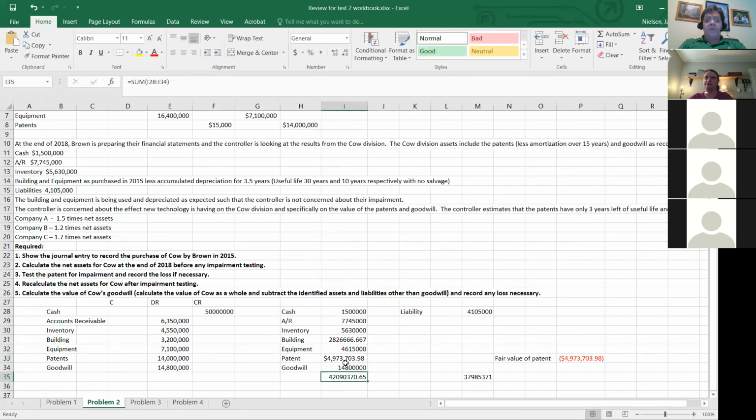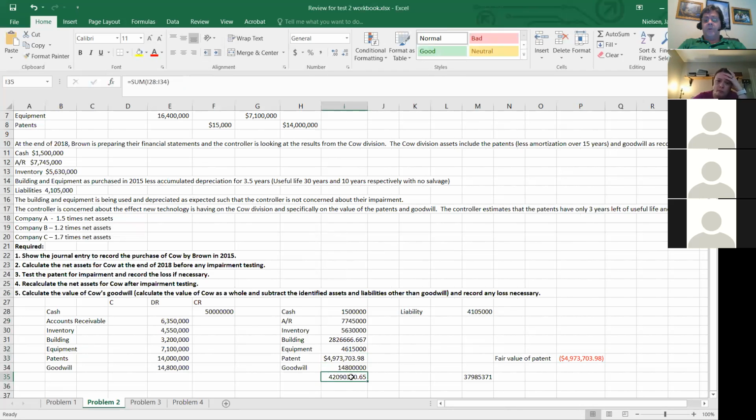All right. So now we have dealt with this impairment, and we know how to record the loss that happened. Okay, now let's recalculate the net assets after that impairment testing. So I still had a formula sitting here to add up these assets, and guess what?